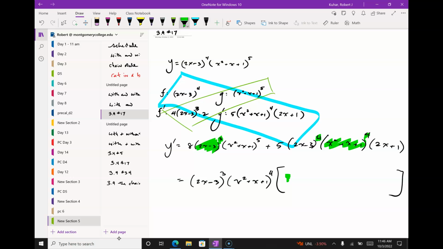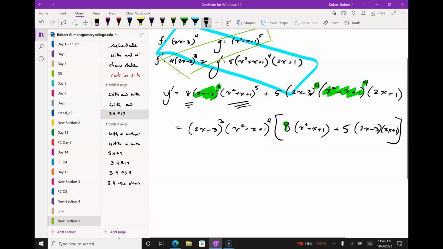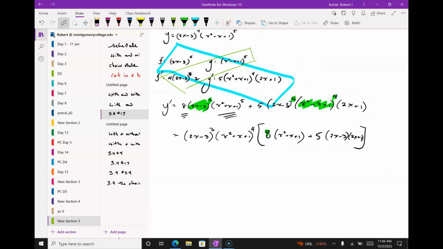I have an 8 left, and how many of these left? 1. Then I have a 5 left, and I have a 2x minus 3 and a 2x plus 1 left. We're trying to factor everything.